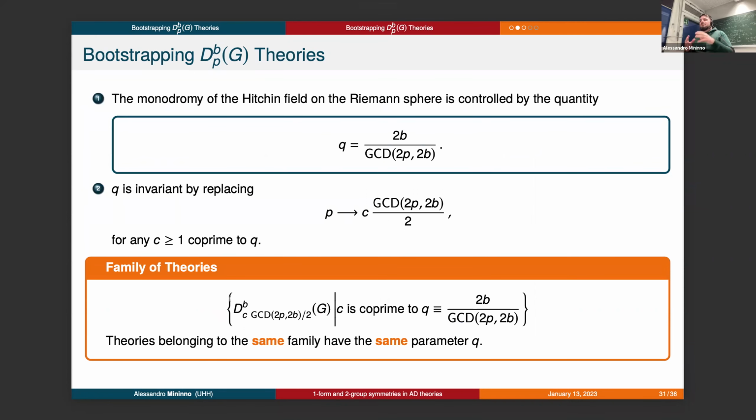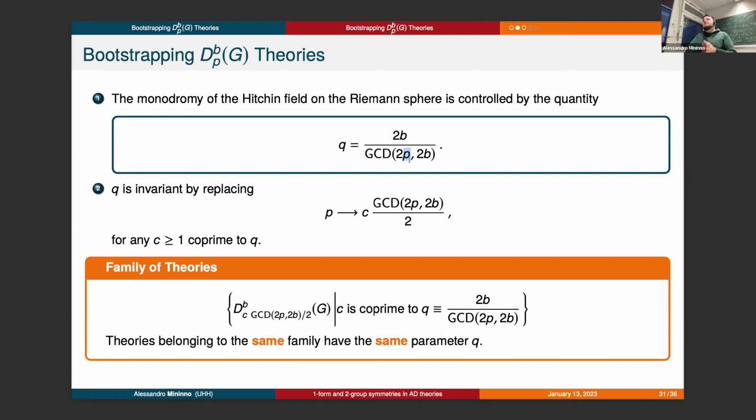And the idea to construct these theories is to find what the families are. The way in which the families are found is to consider the monodromy of the Hitchin field, which is controlled by a quantity given by this factor here. The presence of the two is not trivial, because for certain kinds of DPG theory we can allow alpha to be an integer P, and so the two doesn't simplify in a trivial way.